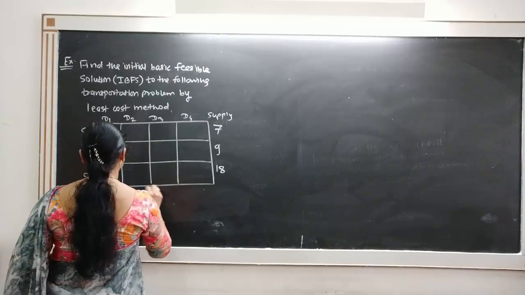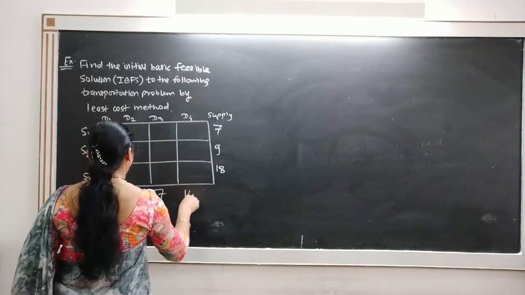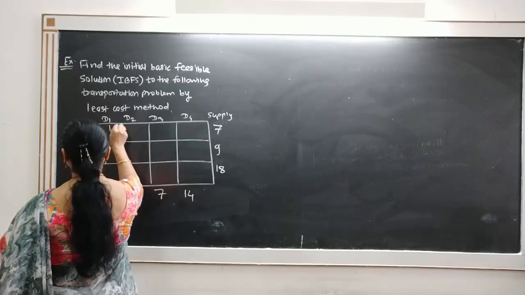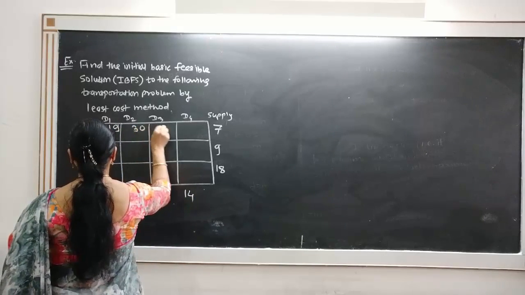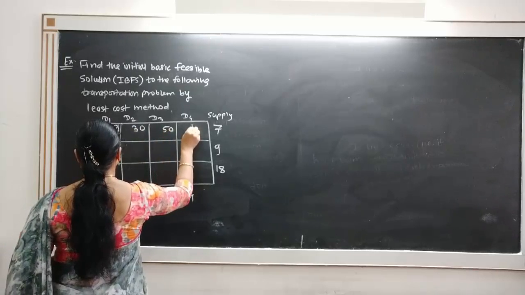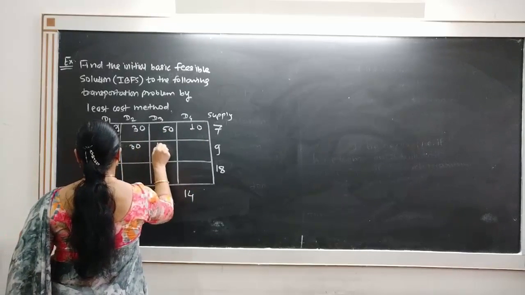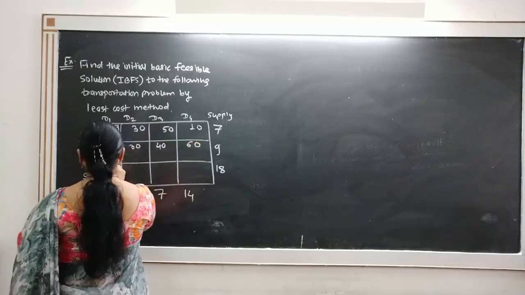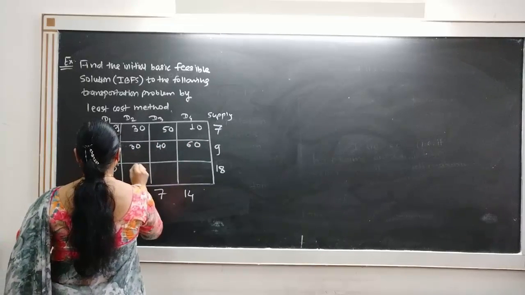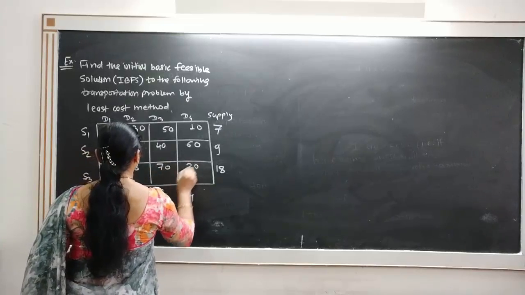Demand is 5, 8, 7 and 14. And the unit transportation costs are 19, 30, 50, 10, 70, 30, 40, 60, 40, 8, 70, 20.